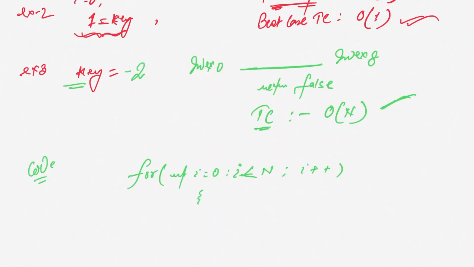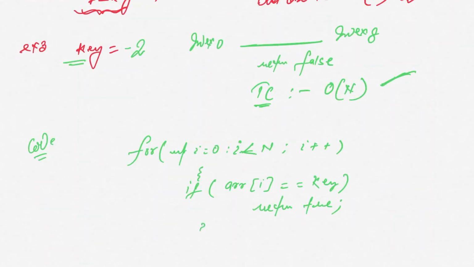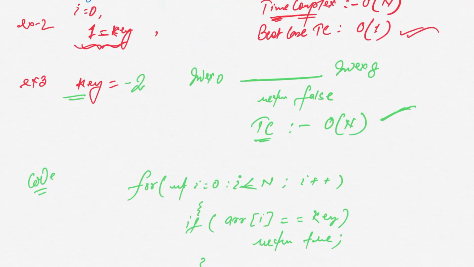As soon as we find array of i equal to key, return true, or else return false. Public bool is key found.